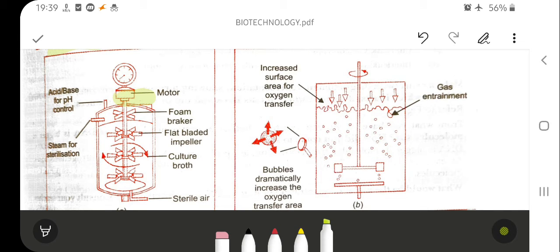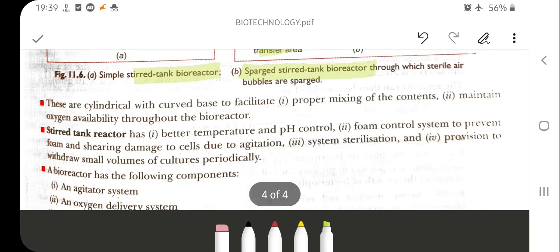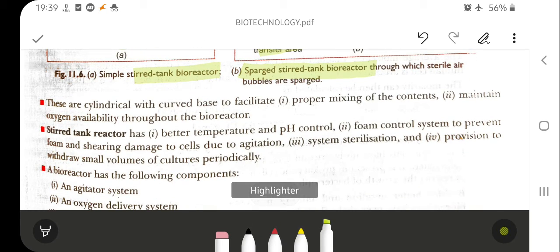They have a flat blade impeller which gives uniform mixing of the culture, because of the cylindrical curved surface which can give uniform mixing of the culture. And here you can see the bubbles, by which the mixing takes place, so that it increases the oxygen transfer area. These are the cylindrical curved bases.